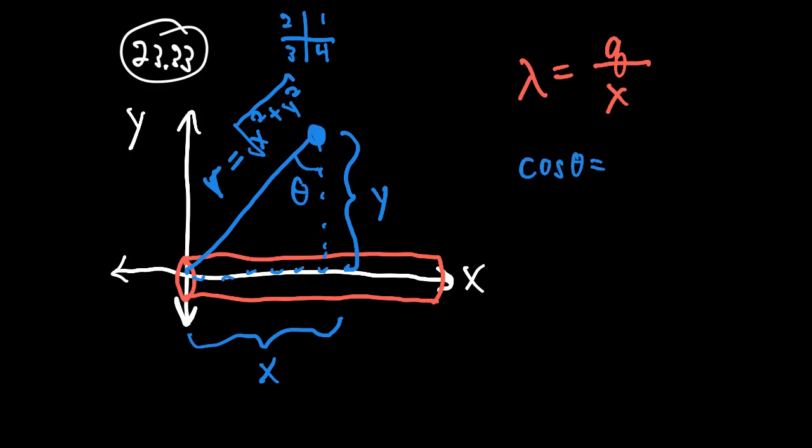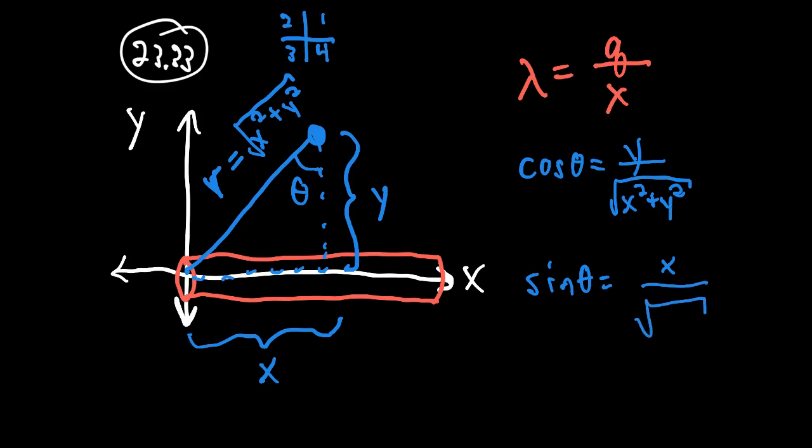What's the cosine of this angle in that triangle? Y over r. Y over the square root of x squared plus y squared. I'm on the adjacent side of that triangle divided by the hypotenuse. And sine of theta? X over r. X over square root of x squared plus y squared.